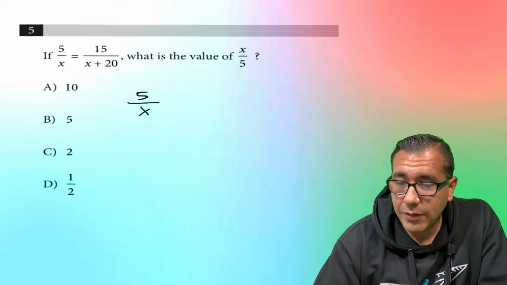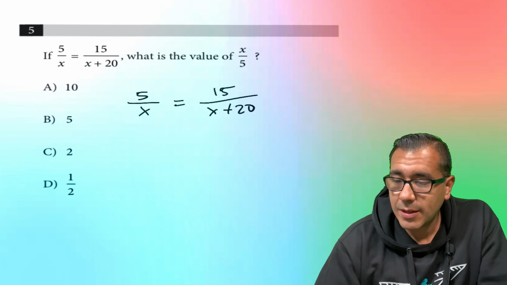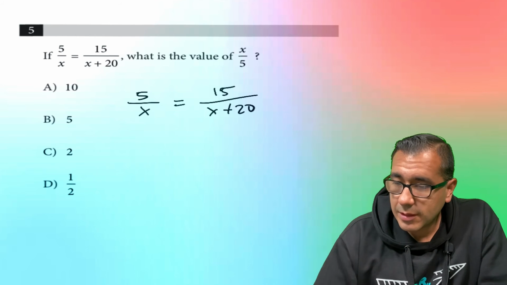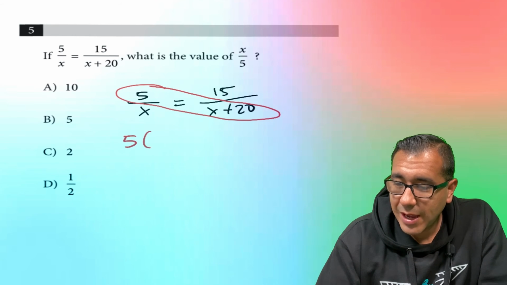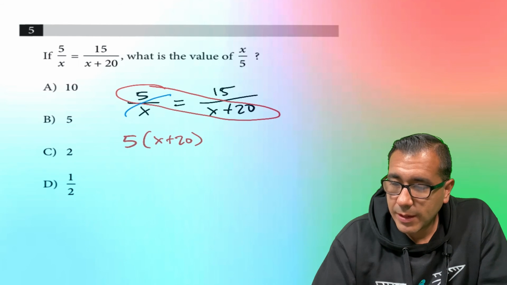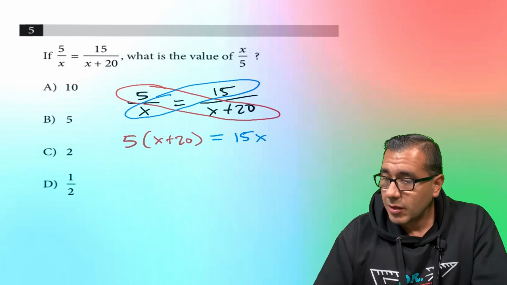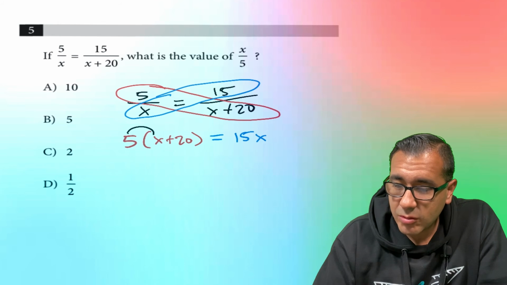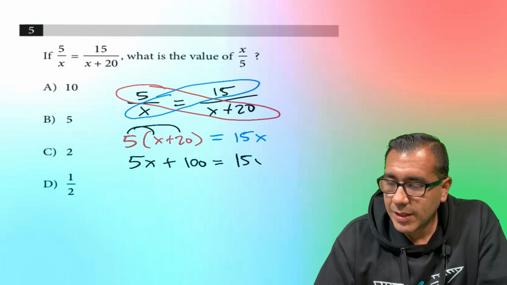So you have 5 over x equals 15 over x plus 20. Let's cross multiply. We multiply those two, so you get 5 times x plus 20. And then we cross multiply these two, and you get 15x. All right, let's solve this. We distribute, so you get 5x plus 100, and that's going to equal 15x.